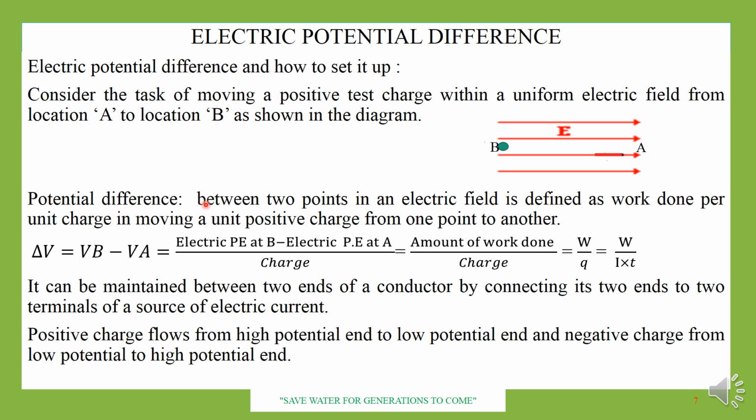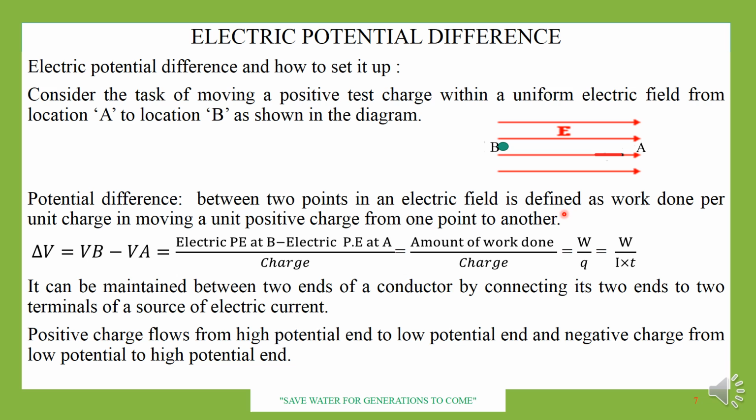So, the potential difference between 2 points in an electric field in a conductor. An electric field is set up in a conductor, also in a conducting wire. The potential difference is defined as the work done per unit charge, meaning on one charge. Unit means one. Work done per unit charge in moving a unit positive charge from one point to another.